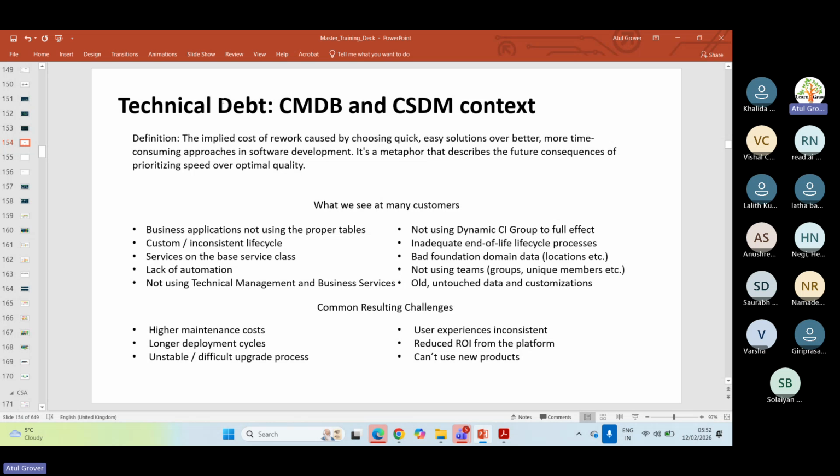So if you're doing anything which is not as per the standard of ServiceNow and you are building a solution, then it can be considered technical debt. Creating a new table in ServiceNow, creating a new field in ServiceNow, is considered technical debt.